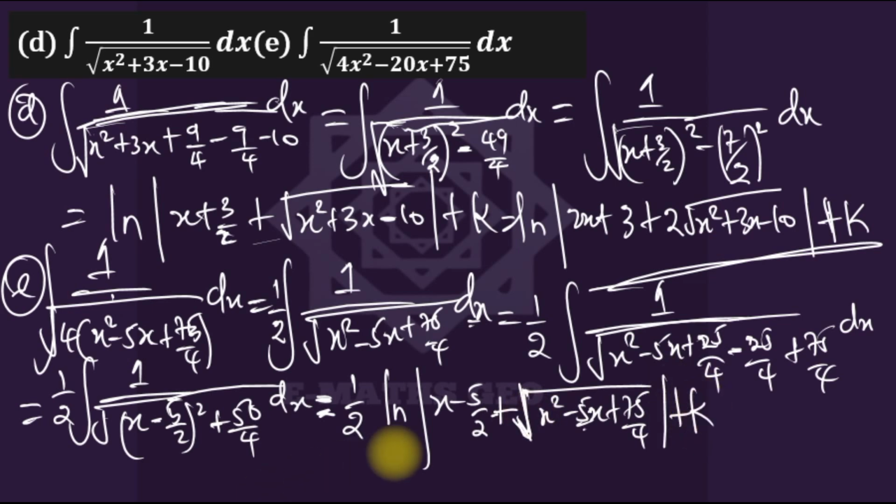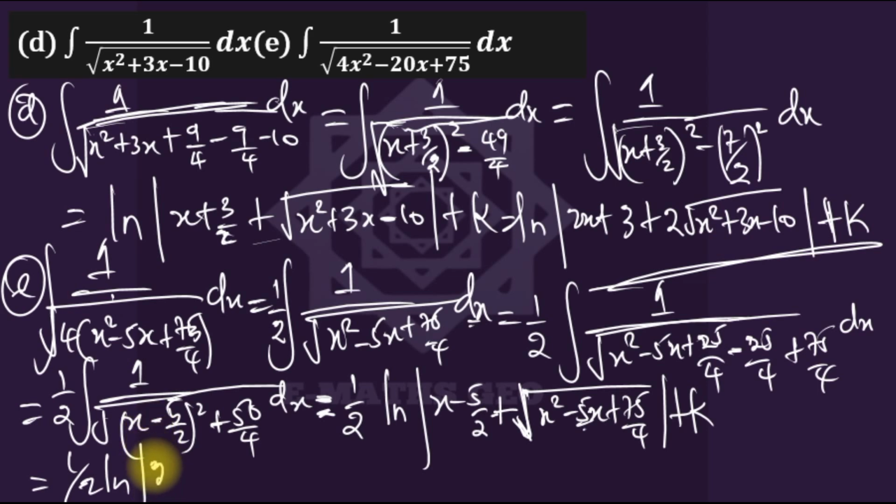But we can still finish the work, which is half ln. The LCM here is 4, so we'll have 4x squared minus 20x plus 75 all over 4, all in square root. The square root of 4 is 2. So to clear the fraction, we'll multiply all by 2.